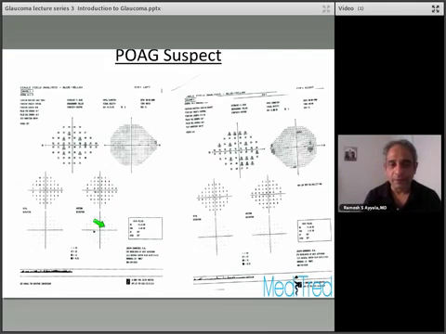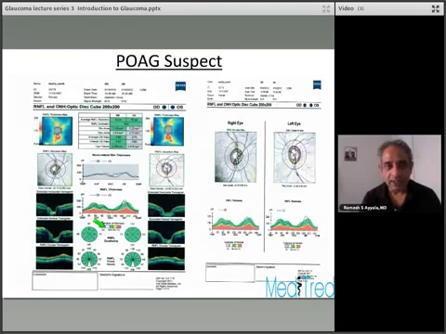visual fields which were found to be normal, the right and left eye, as you can see here, and an OCT of the optic nerve head, which was also found to be normal. The retinal nerve fiber layer thickness, as you can see here, is completely normal.